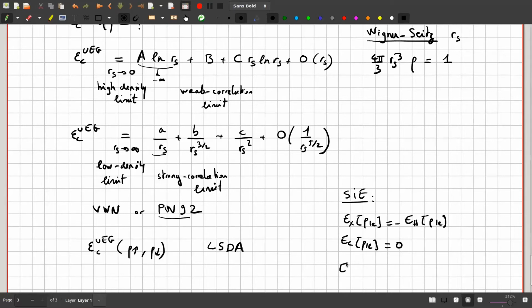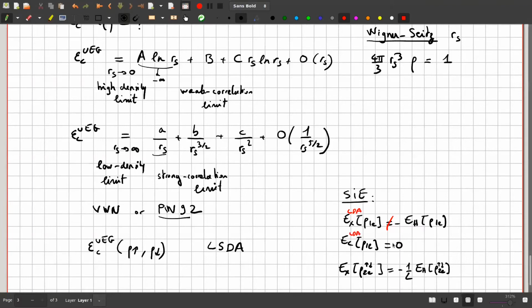Also, for a two electron density in a single Kohn-Sham orbital with different spin, you must have that the exchange is -1/2 times the Hartree energy. Okay, these are exact conditions, and in LDA, it is not verified. So if you put here the LDA approximation, it won't be -EH.